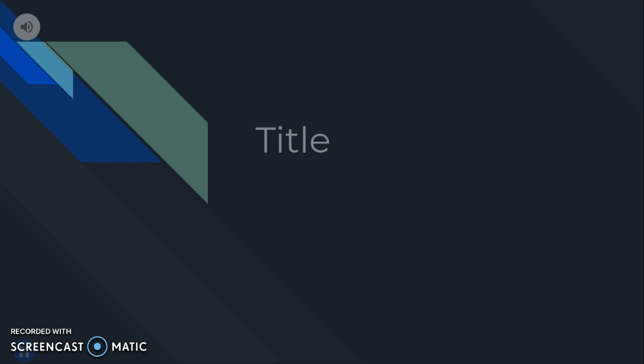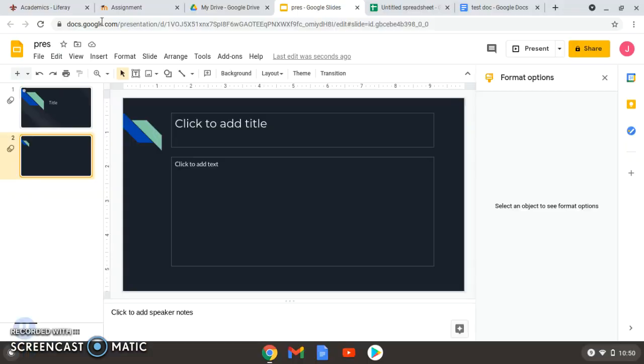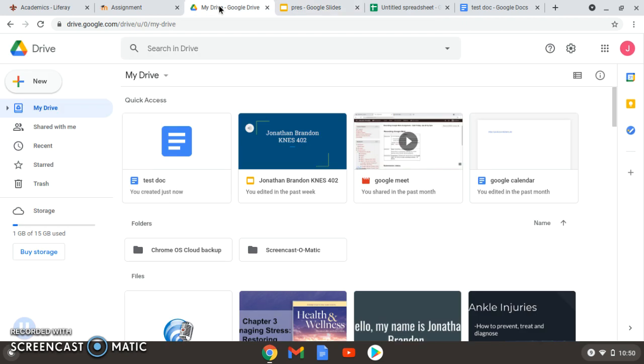And this is what my slide will look like. Title, dissolve, and my second slide. Hit escape to get back out. And that is that. There's also comments you can do on here, just like the others. And that's pretty much the basics of Google Slides.